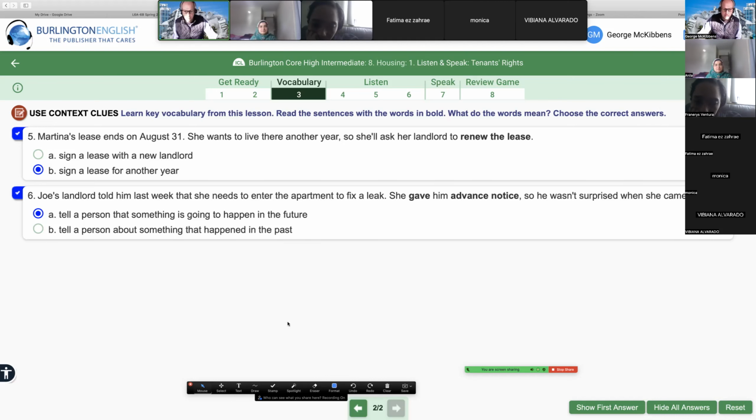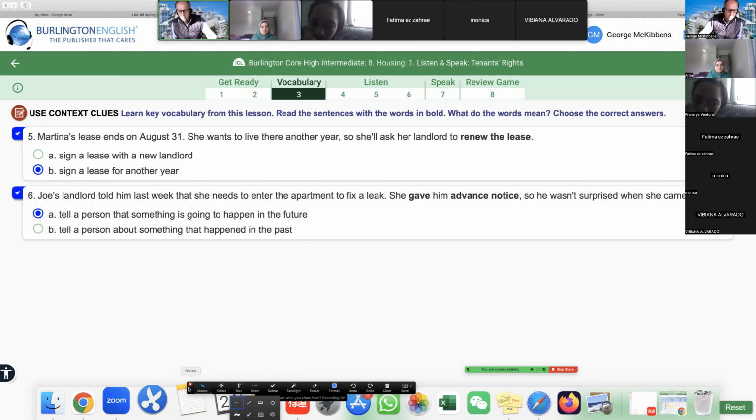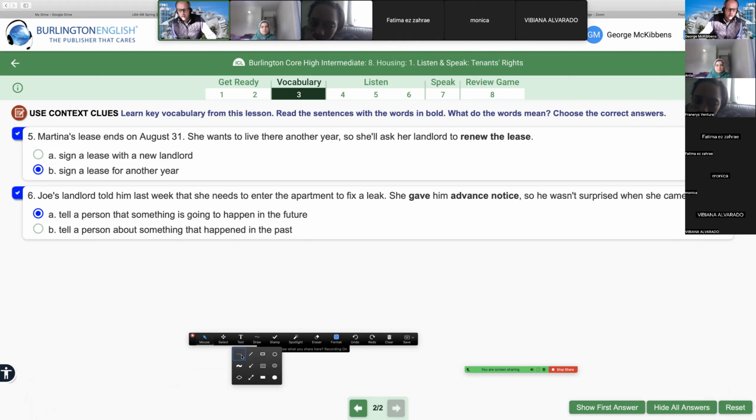This is actually one of the tenant's rights. If you are renting an apartment, that space that you're renting while you're renting it is yours.